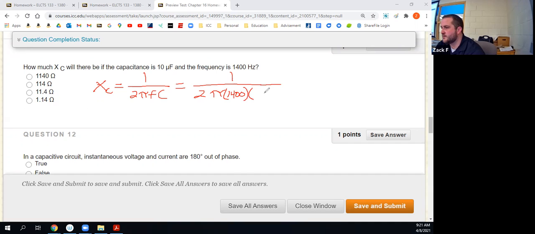What's the capacitance? 10 microfarads. So we got to keep our units the same. So how many farads is that?